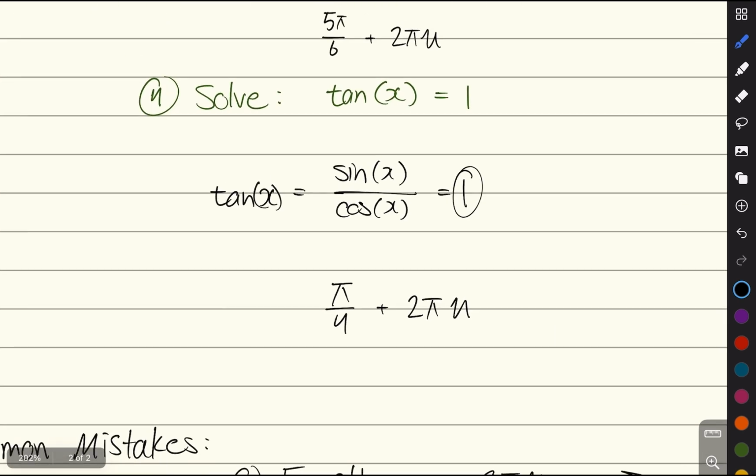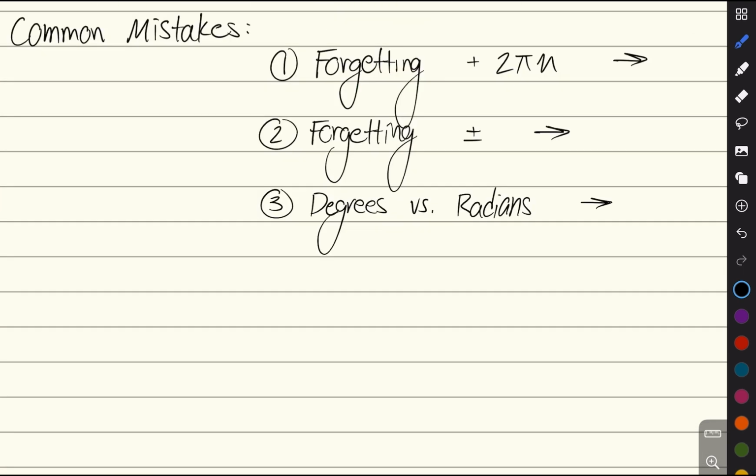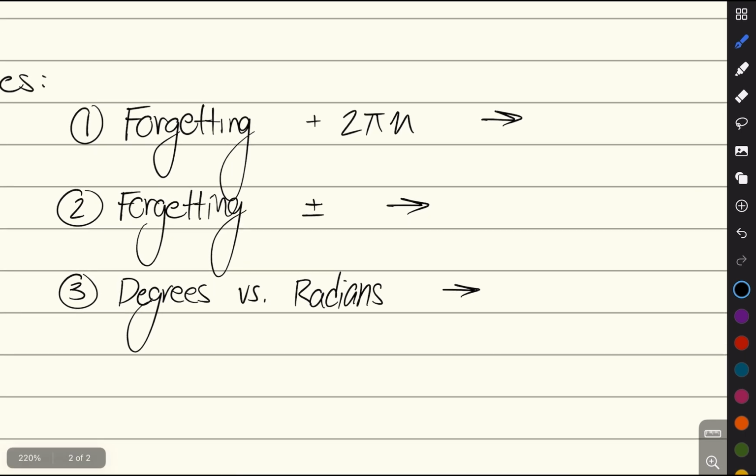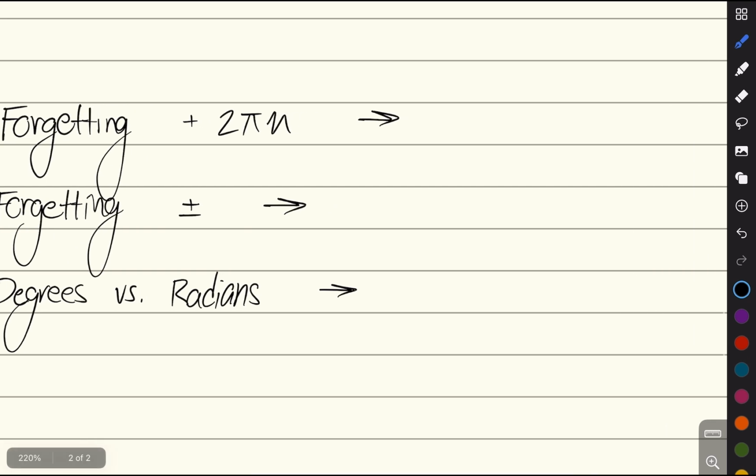Now, let's also look at some common mistakes when solving trigonometric functions. One of the common mistakes is forgetting the plus pi n. And by forgetting this, you miss all of the repeated solutions.